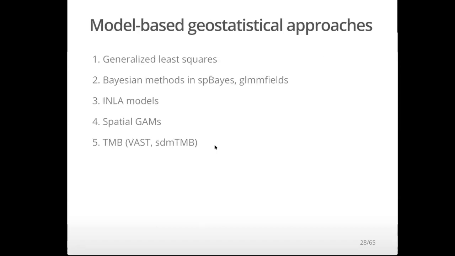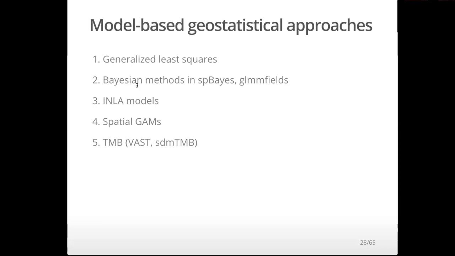Okay, so there are a number of different model-based approaches for dealing with this. I think that we'll talk through some of these. These are in no particular order. What I'll try to do today is break these into examples based on spatial regression type approaches, and then examples based on models that assume an underlying process, so more of the state space models akin to what Eli was talking about.